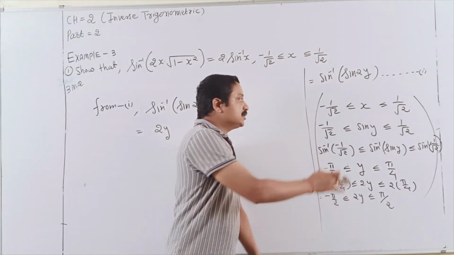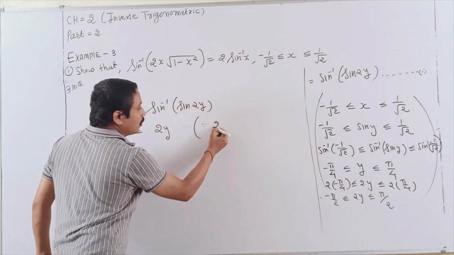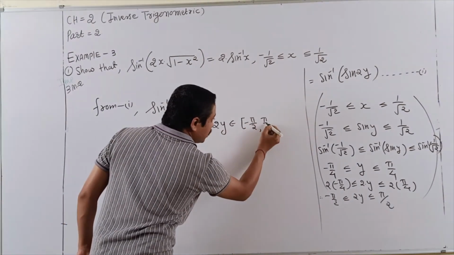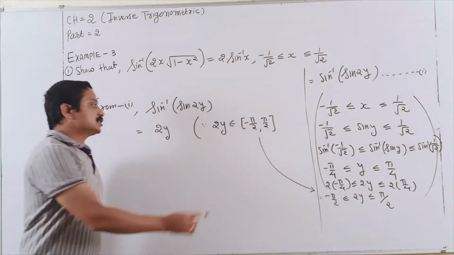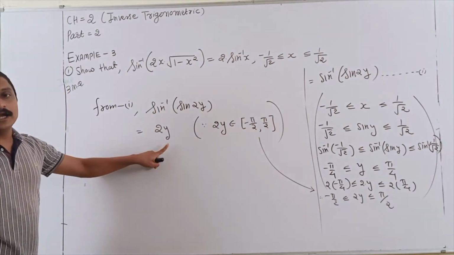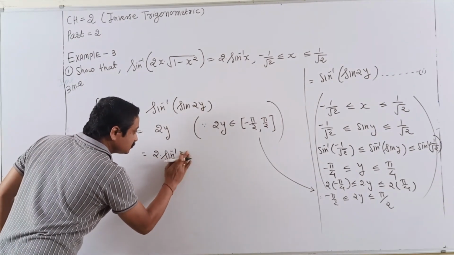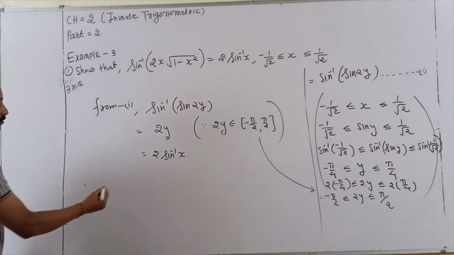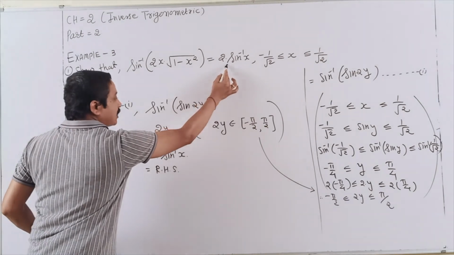And students, this condition is necessary to show in the exam. y belongs to the closed bracket minus 90 to 90 according to those conditions. That's why I show here 2y. And already, you know what is y? Sine inverse x, because the answer is already there. Therefore, that's my RHS. Here it is checked. That's your RHS.